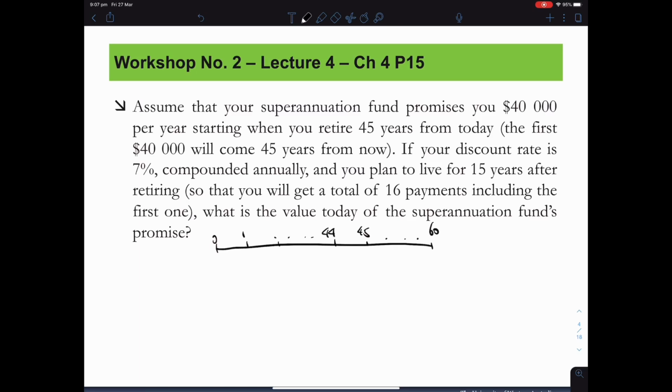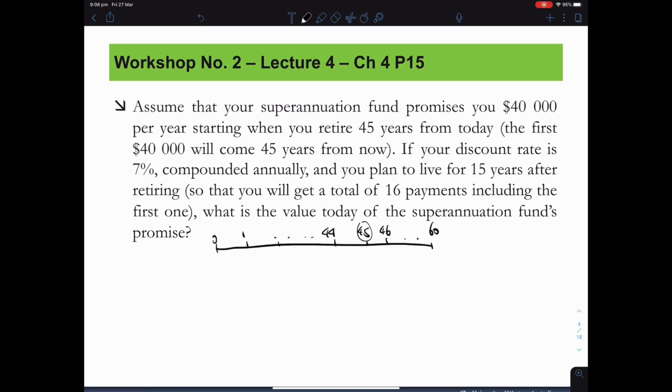So you decide to retire 45 years from today, which means this is when you retire, right? And then from the time you retire, you get a super payment, and that will be 40K.